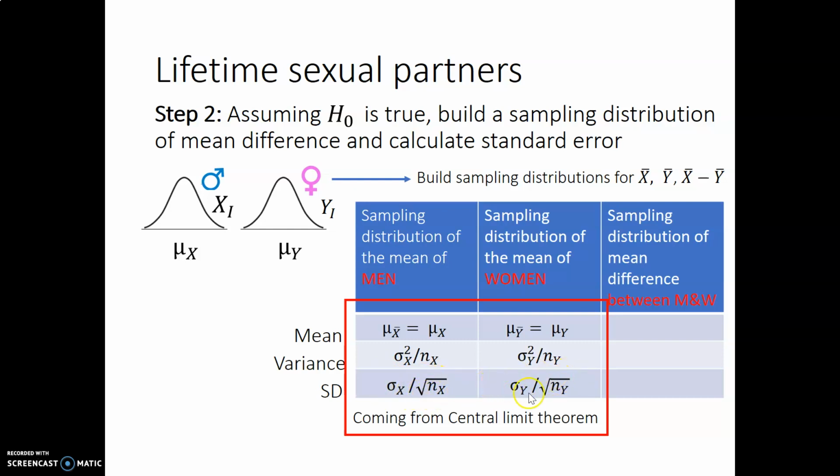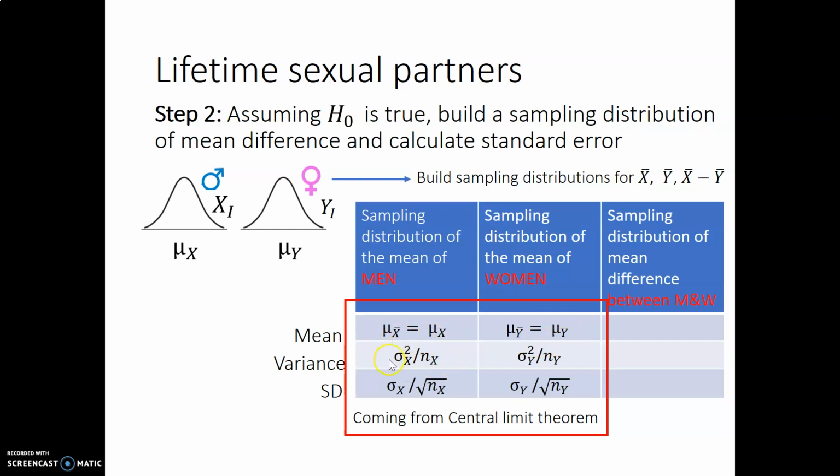And we do the same thing for these 12 women. And the variance is simply the square value of this standard deviation. So we just take the square value of this equation, and this leads us to this equation here.